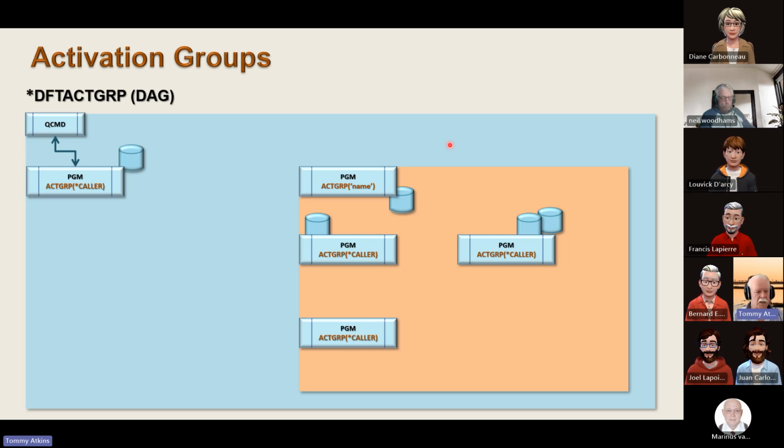Because remember, a single commit commits all changes in the activation group that have been made to that point, and a rollback rolls back all changes to the activation group that have been made up to that point. Does that make sense? So yes, even if this program makes changes here and this program issues a commit, those changes will be committed because it's in the same activation group. Okay, thank you.